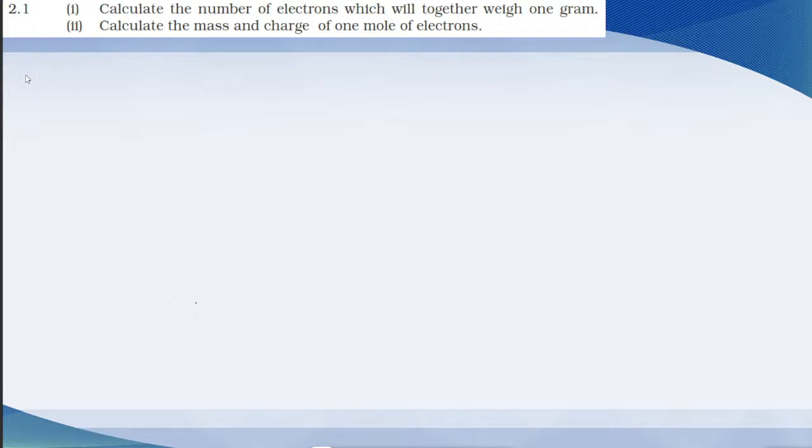So tell me, what is the mass of one electron in gram?